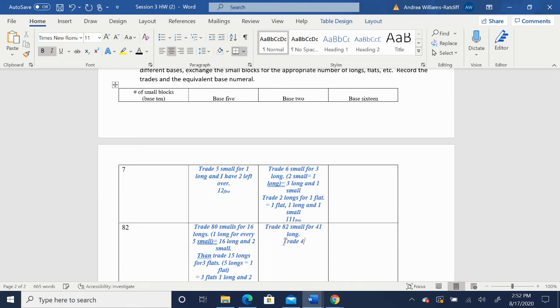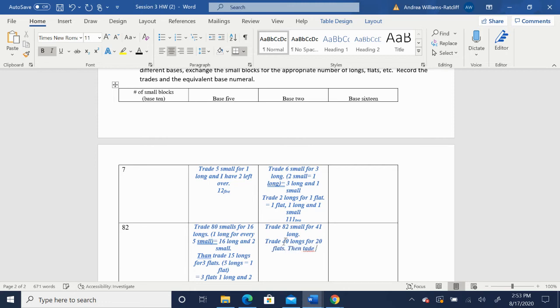Now I'm going to trade those 40 long. I moved up. I have to trade these in groups of 2, so it's going to take me another group of 2 in order to reach those flats. So I'm going to trade 40 longs for 20 flats.